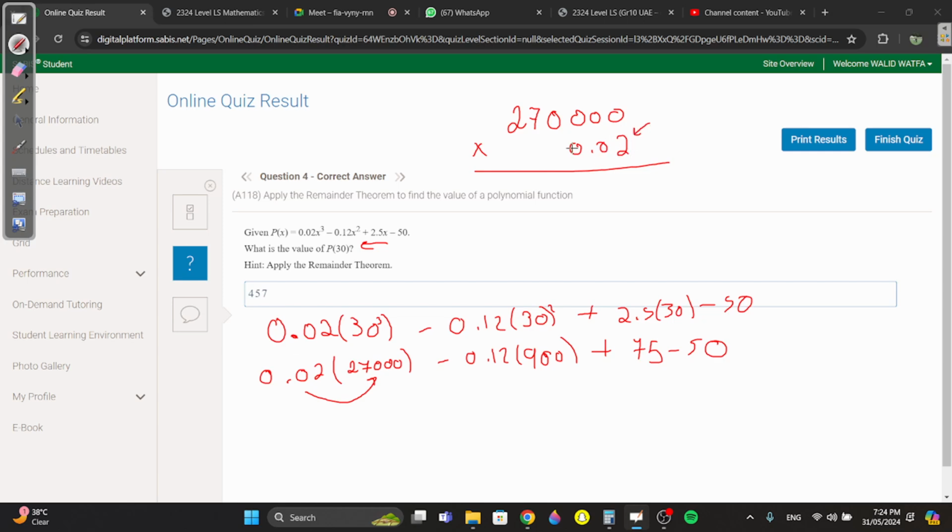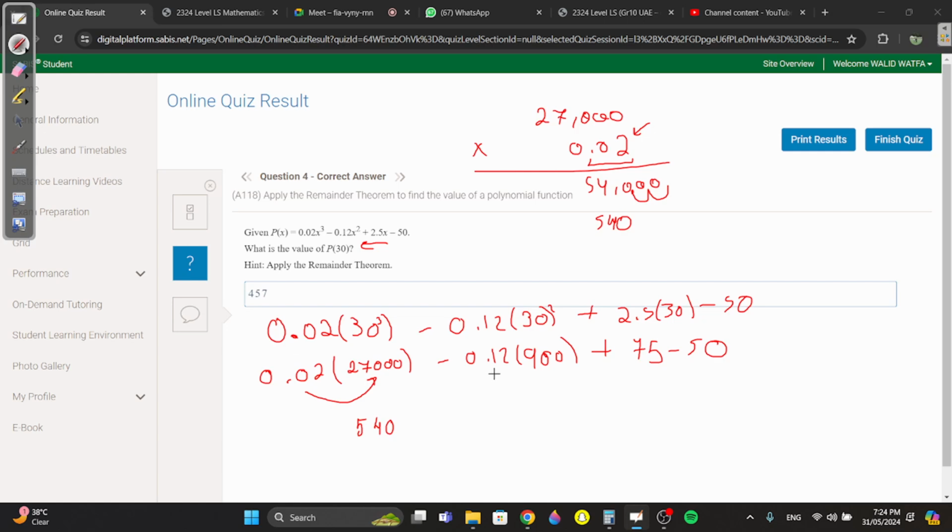Sorry, it's 27,000, I forgot, I put an extra zero. So when you multiply this by 2, you're going to get 54,000. But there are 2 decimal places, so you move back 1, 2, and this becomes 540.